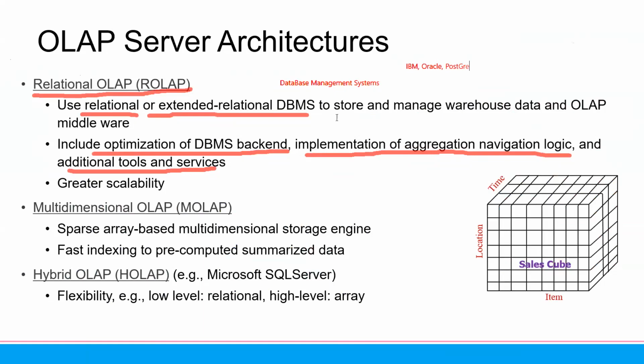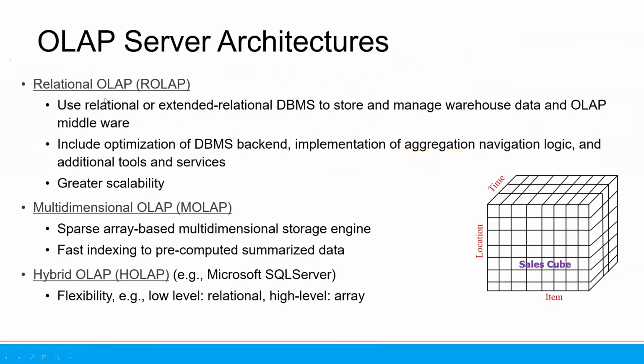So they provide the data warehouse with a function similar to the DBMS. And it has greater scalability. So you can use the big companies for this relational OLAP. But there are many options.